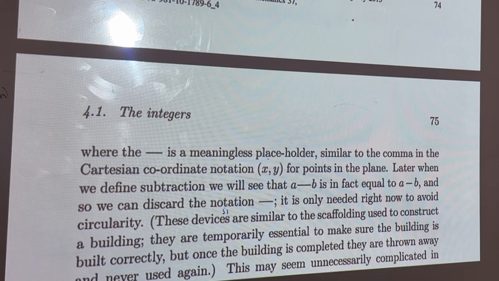It is only needed right now to avoid circularity. These devices are similar to the scaffolding used to construct a building. They are temporarily essential to make sure the building is built correctly, but once the building is completed, they are thrown away and never used again.